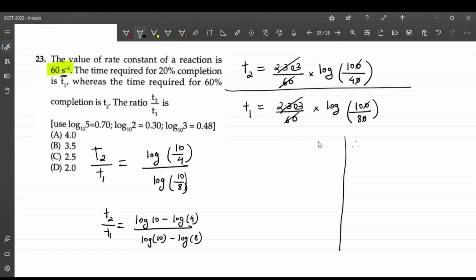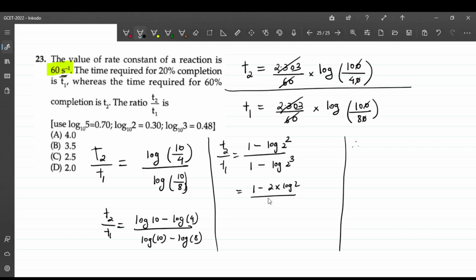So T2 by T1: log of 10 is 1, and log of 4 can be written as log of 2 squared. In the denominator, log of 10 is again 1, and log of 8 can be written as log of 2 cubed.